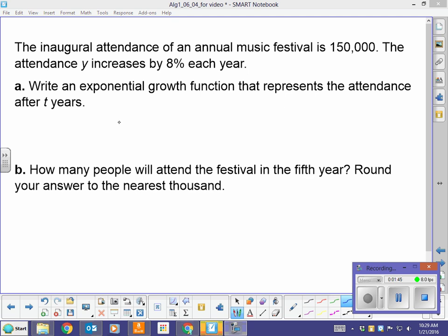Okay, so we're going to do that by saying that y is equal to A, the original amount, 150,000, and this growth factor is going to be 1 plus 0.08. That's our 8% growth every year, to the power of time.